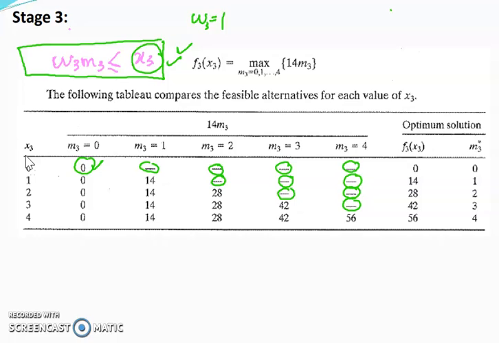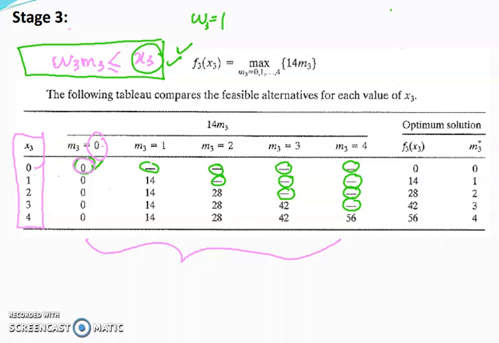Now you have to find all these feasible solutions for x3. For example, when x3 equals 0, when m3 equals 0, 0 times 14 is 0, so you have 0 here.